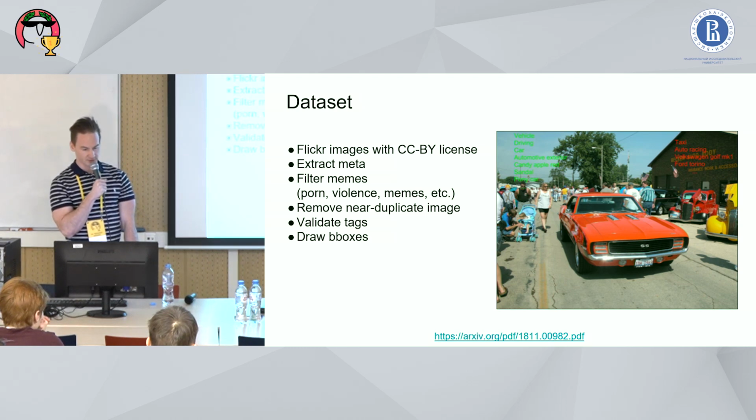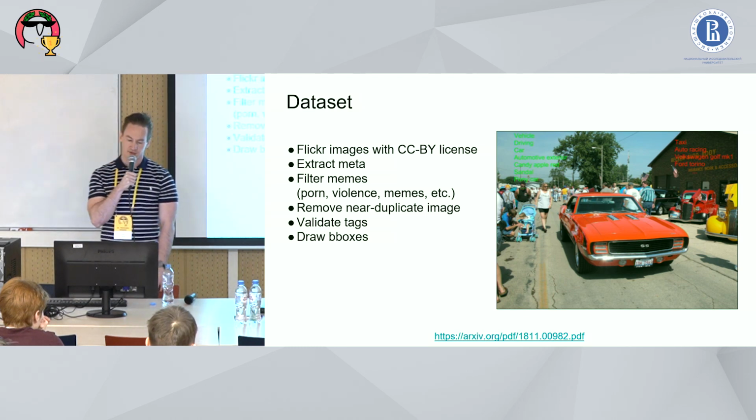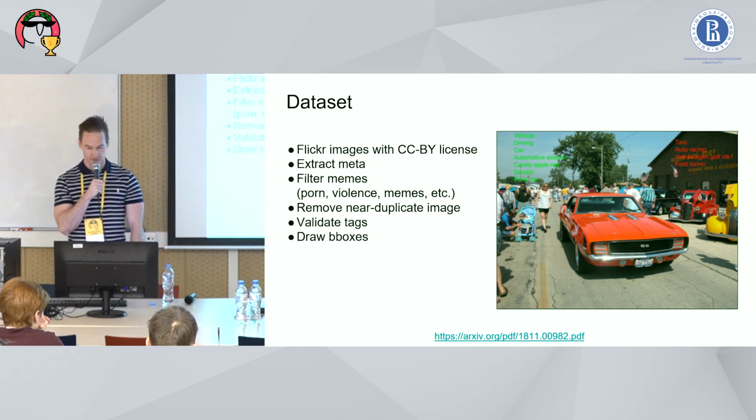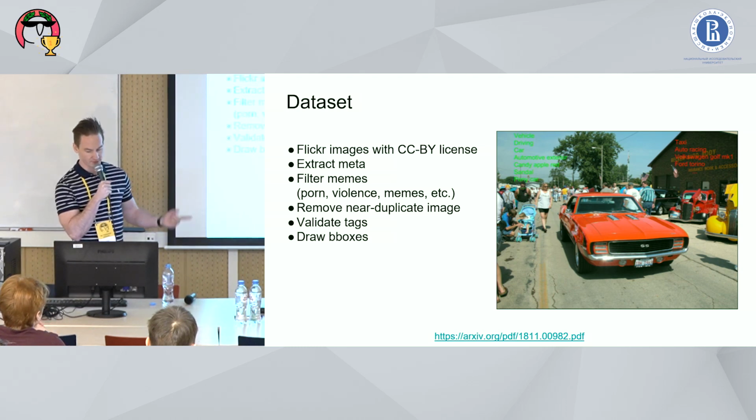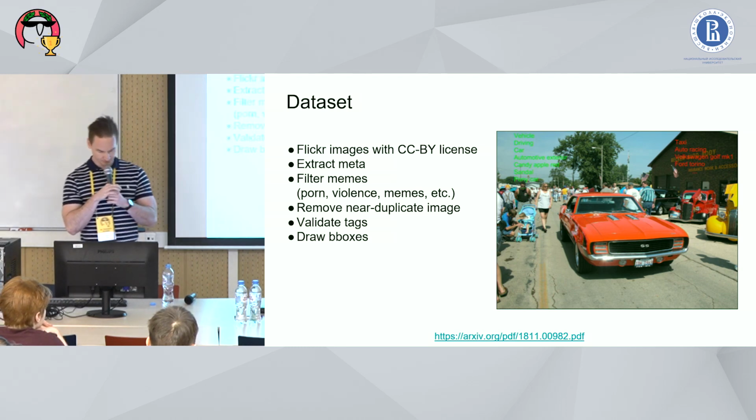Then they extracted metadata, filtered some memes, porn, violence, and so on, removed duplicates, validated the text, and made exhaustive manual annotation of labels and the bounding boxes. For more details, please read the paper about this dataset. It has a very detailed description of this procedure.